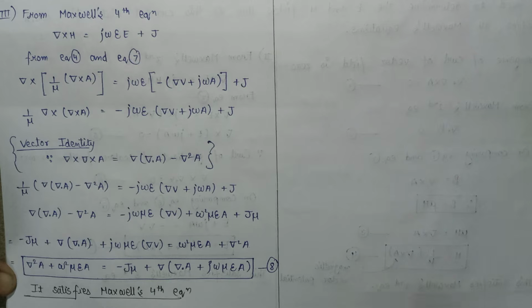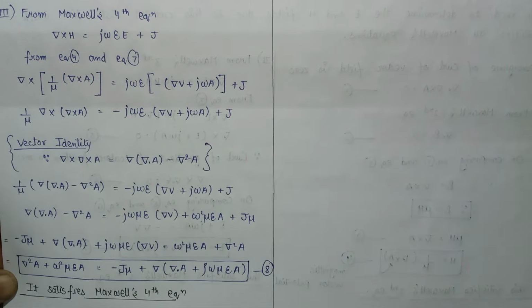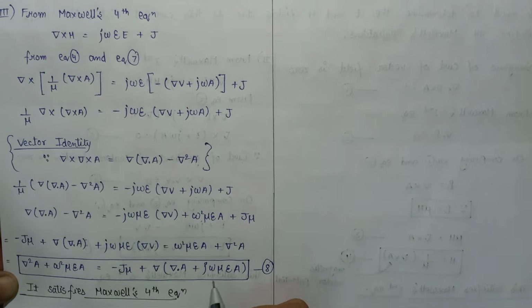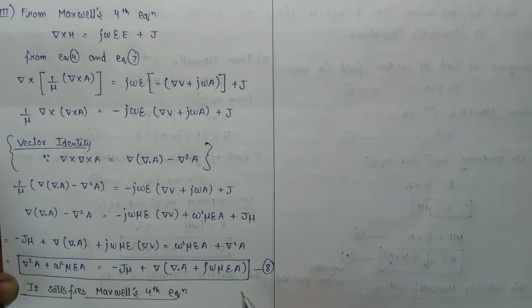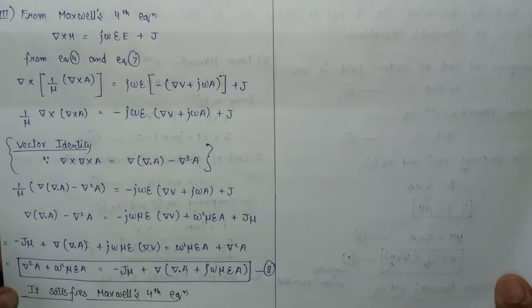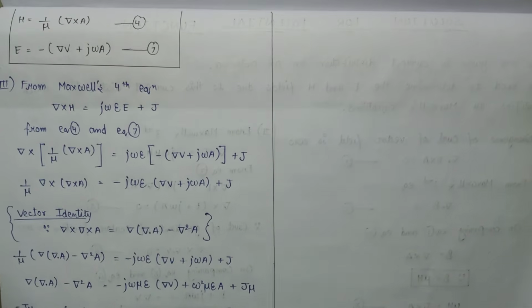Now Maxwell's first equation is remaining, so we will also satisfy it. Now for the next step, we should equate this bracket to 0 such that the value of del dot A will be equals to minus of j omega mu epsilon into A. So it is our next step.